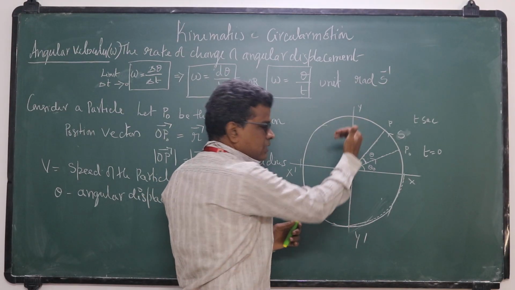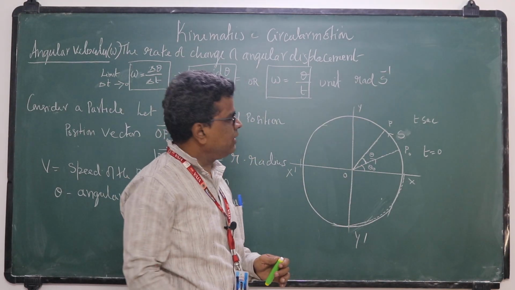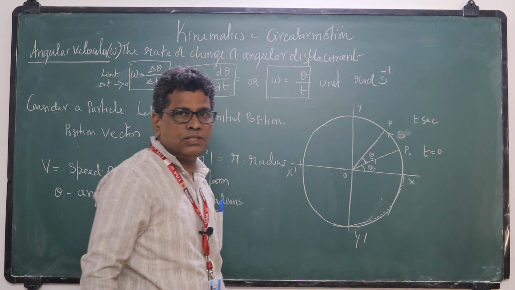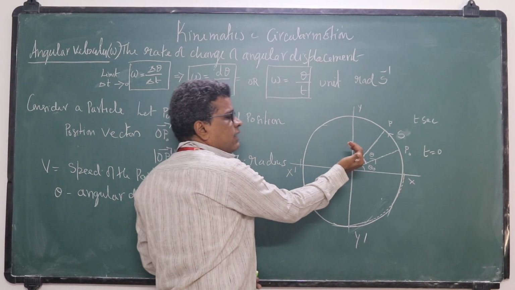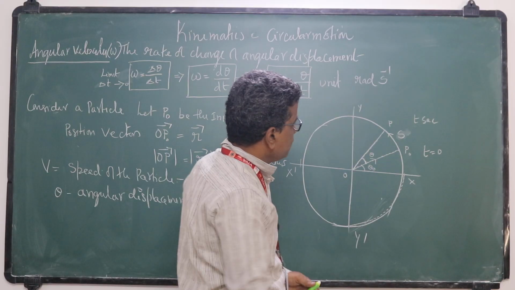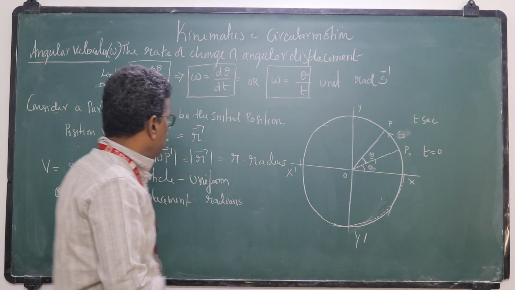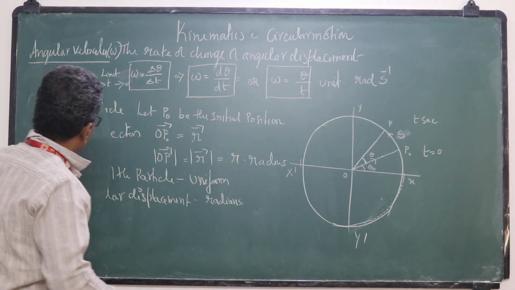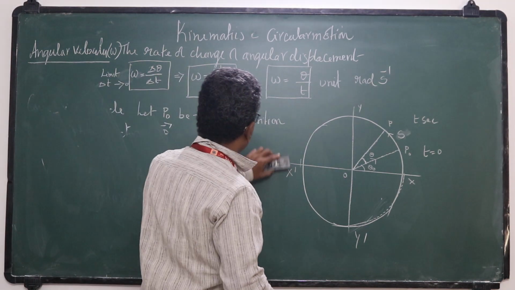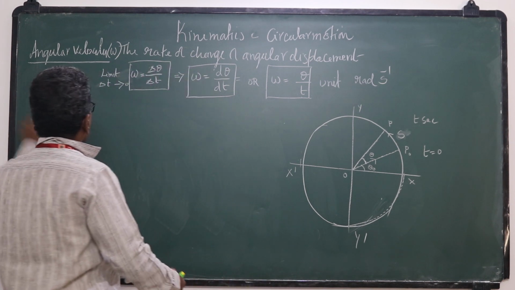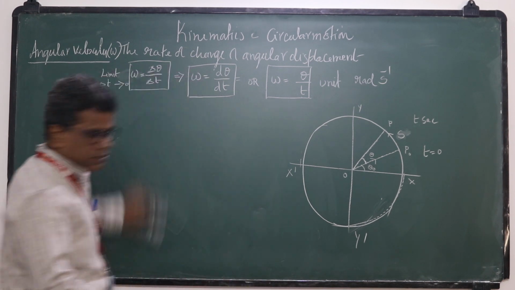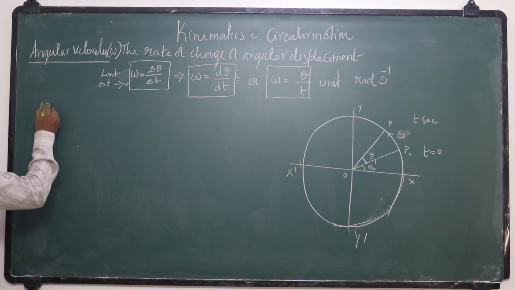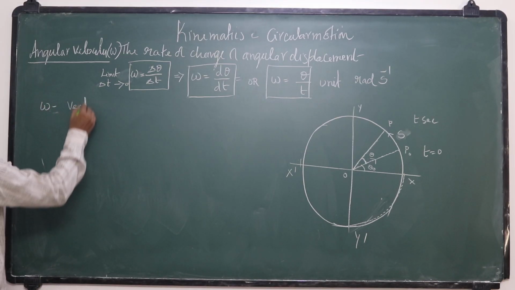If it is moving anti-clockwise, it is perpendicular to the plane of rotation outwards, which we can represent with a dot. So omega, angular velocity, is a vector quantity.